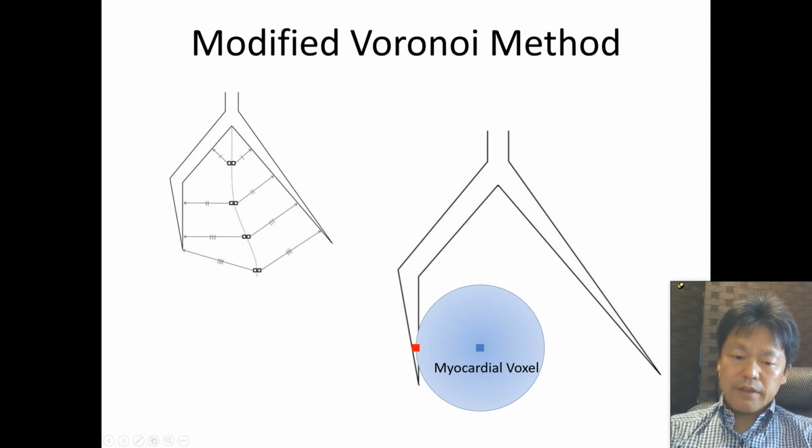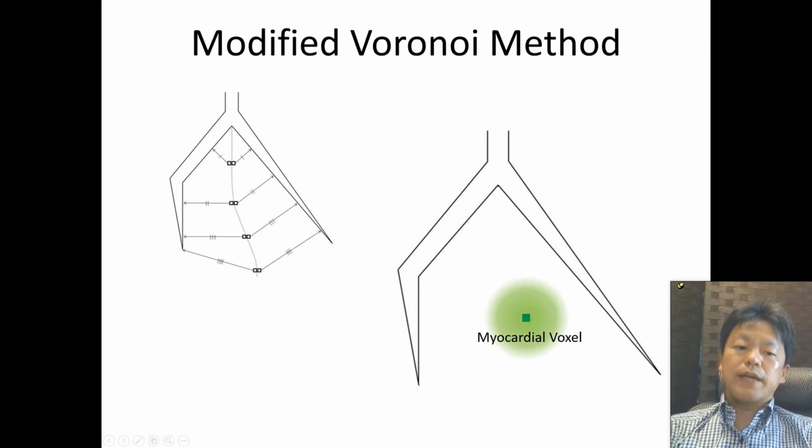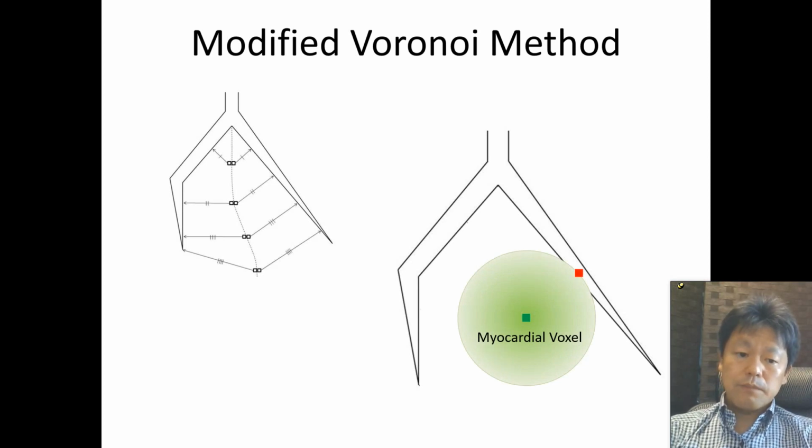This is the nearest coronary artery voxel to this myocardial voxel, and this myocardial voxel is the territory of this coronary artery voxel. This is the hypothesis and algorithm, and we do this for all of the myocardial voxels using the same algorithm.